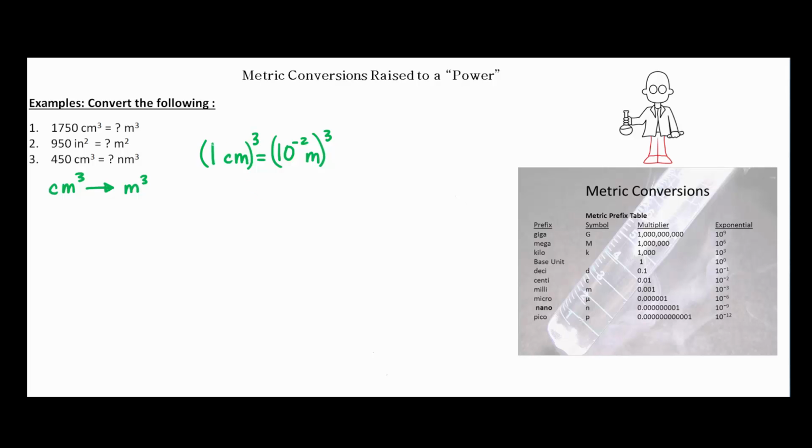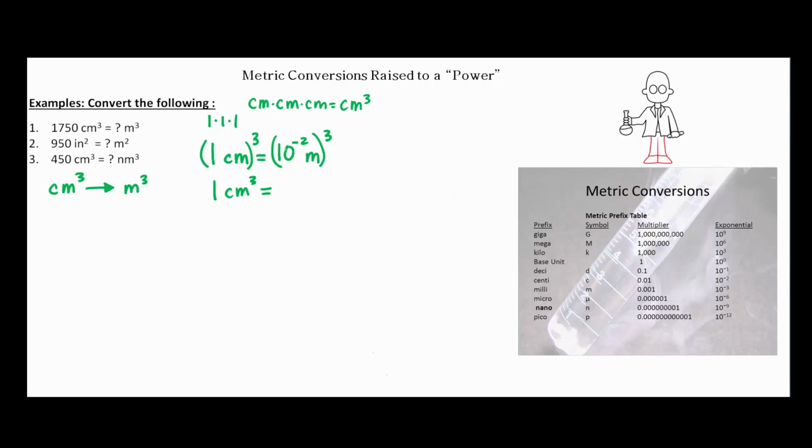So when I cube this number 1, that's 1 times 1 times 1, I get 1. When I cube a centimeter, that's a centimeter times a centimeter times a centimeter, that gives me the unit of centimeters cubed, or cubic centimeter.